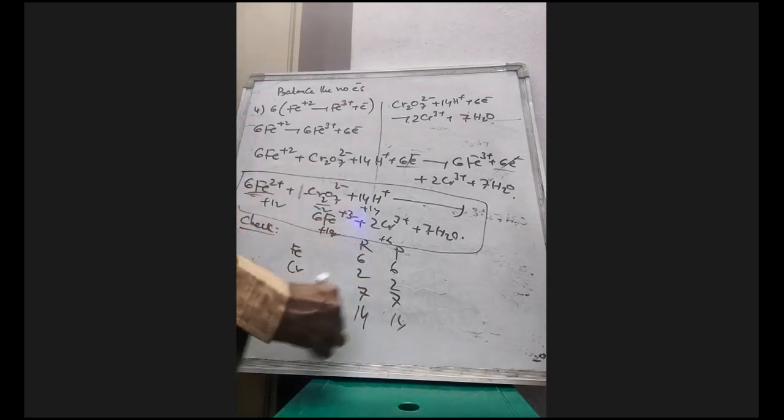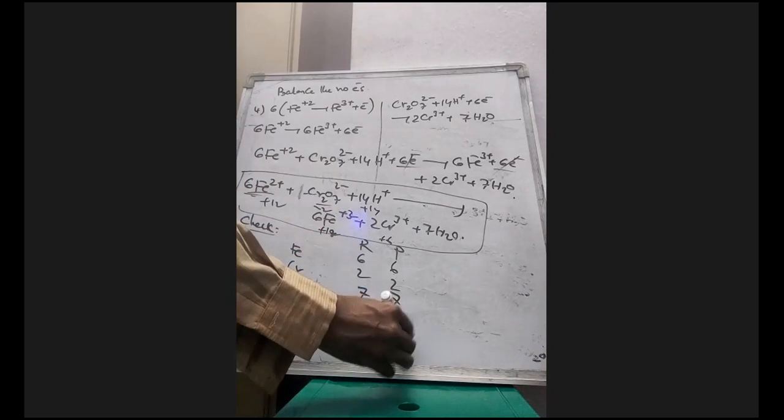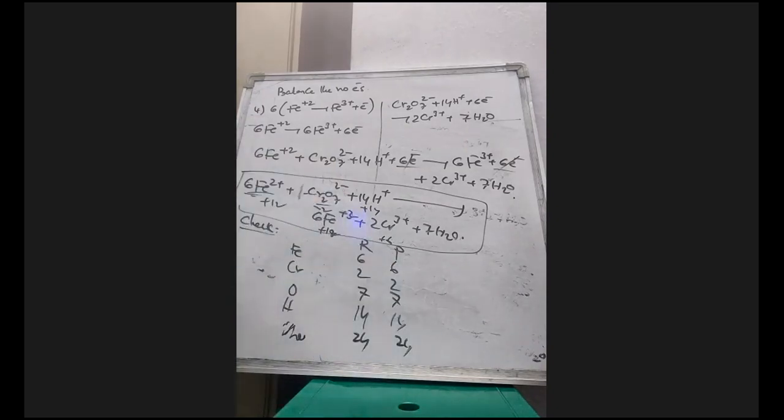This side also 24. This is the way of cross verifying that our method is correct. This is the way to balance the redox reaction.